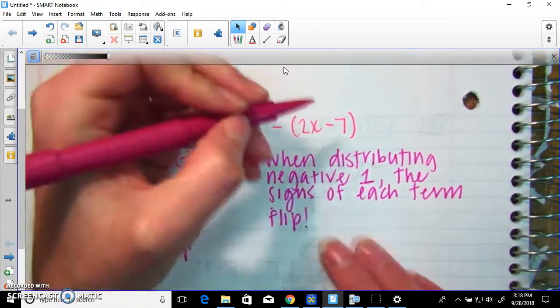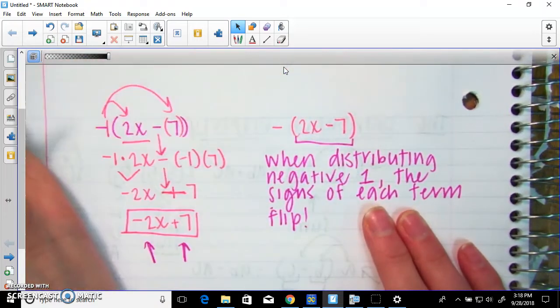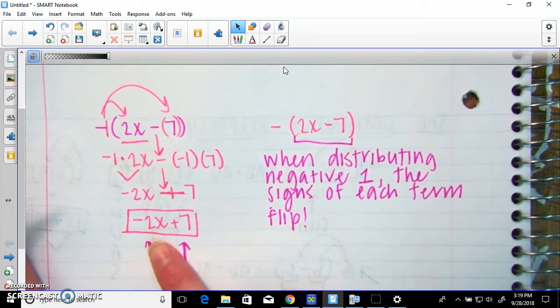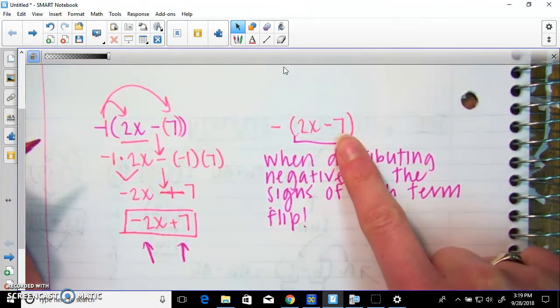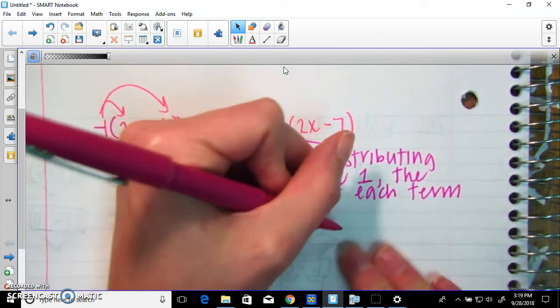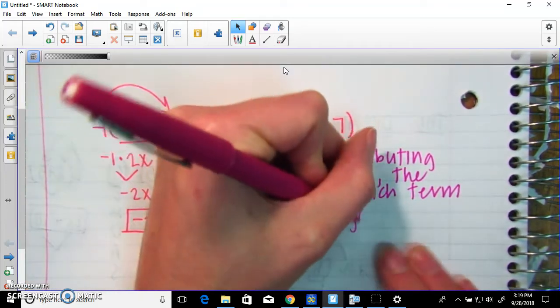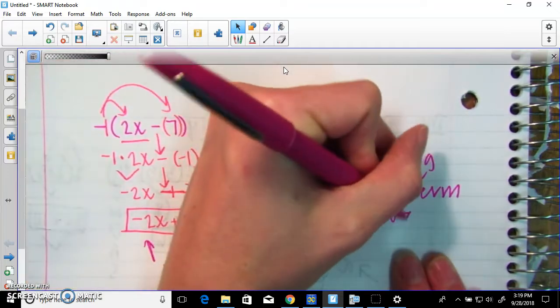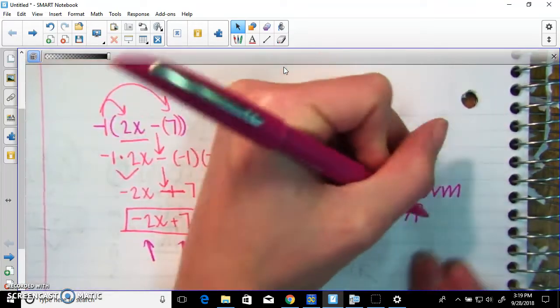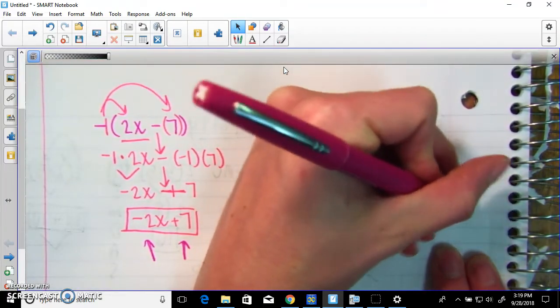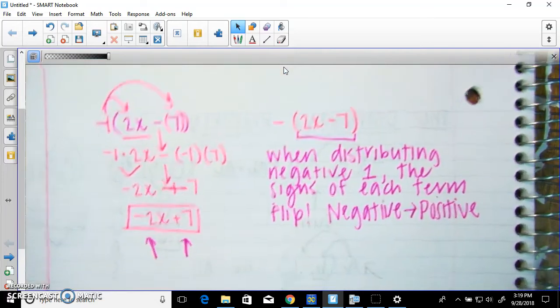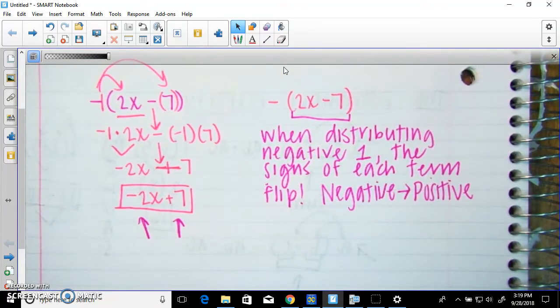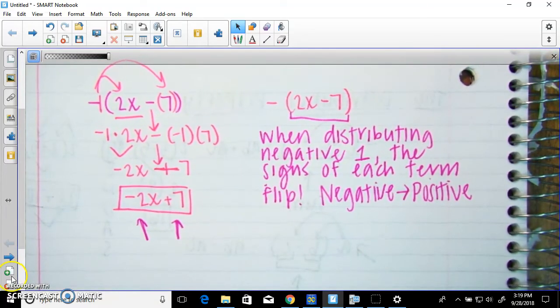And what I mean by that is if we start with 2x, it's going to flip and become a negative 2x. If we start with a minus 7, it's going to become a plus 7. So they go from negative to positive and so forth, or positive to negative. That's something that you're going to notice whenever you're distributing a negative. It's always going to change those signs.